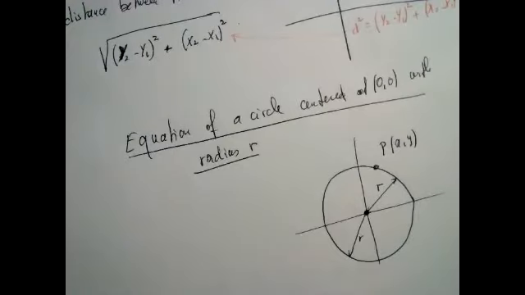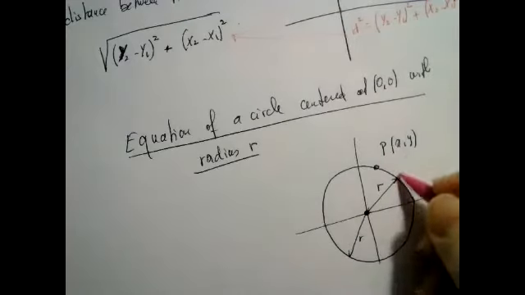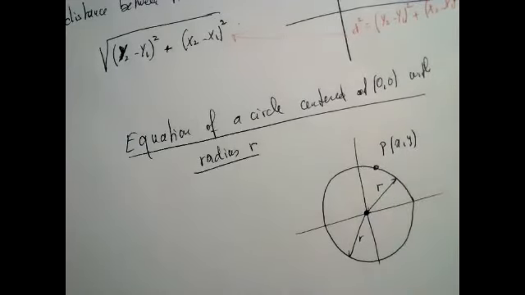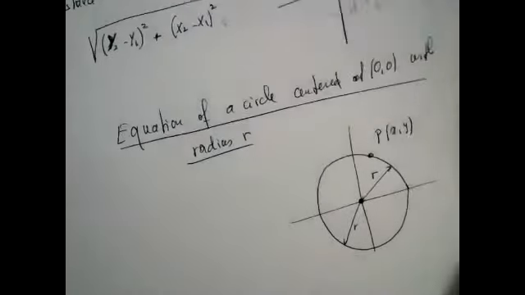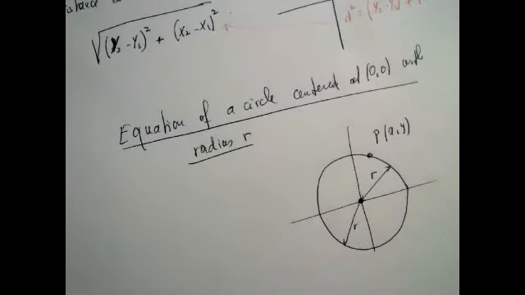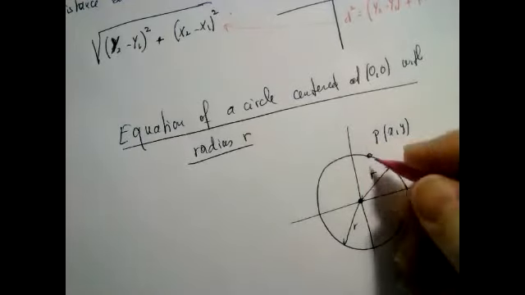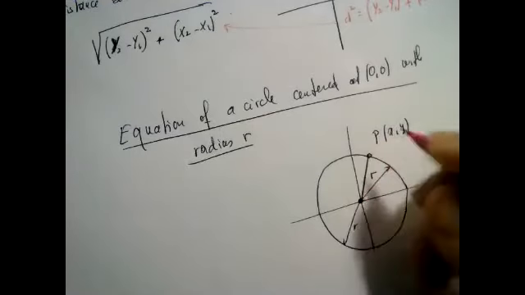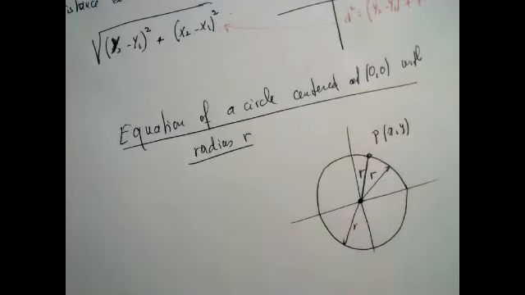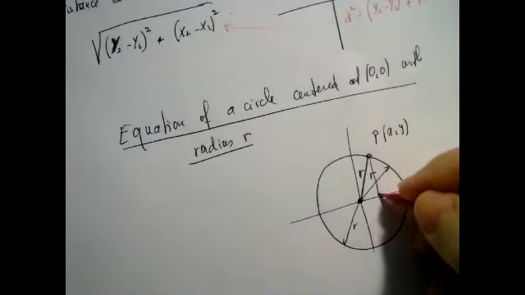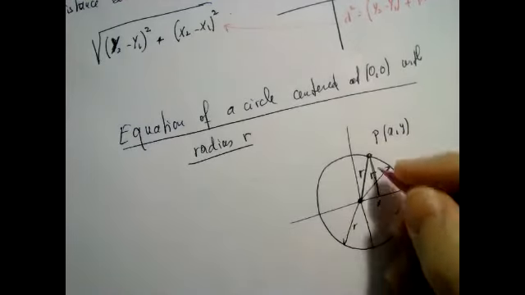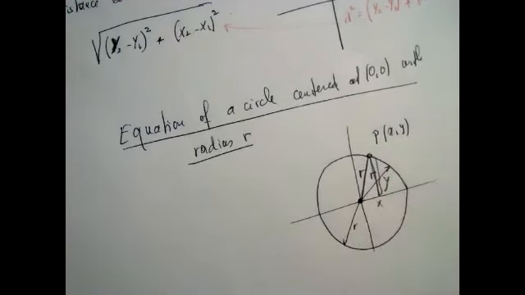Okay, and it's crucial to remember it because it's important. I'll tell you how it is derived because it's simple, and then we have to memorize it. If you take any point on this circle, what relates x and y? This is r, that's the radius. This is the x, and this is the y.